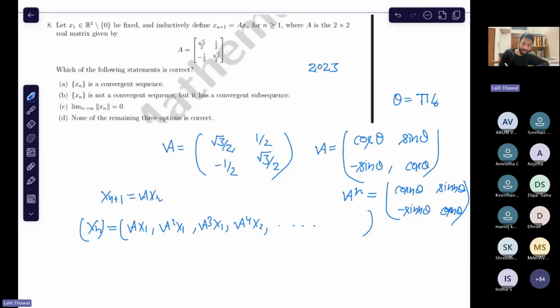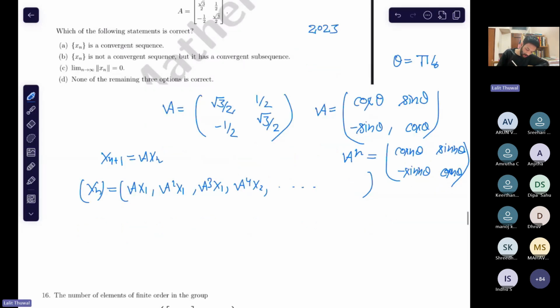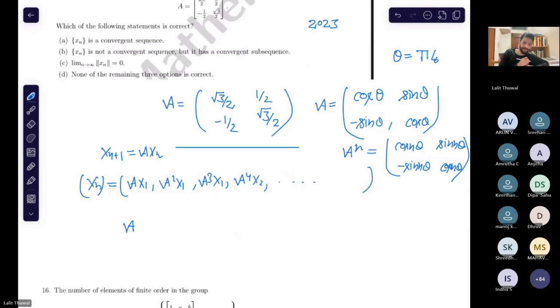And from here, can you find the order of this matrix? I mean, when does A to the power n become I? 12. It doesn't matter whether 12 is the least, but is 12 the least?